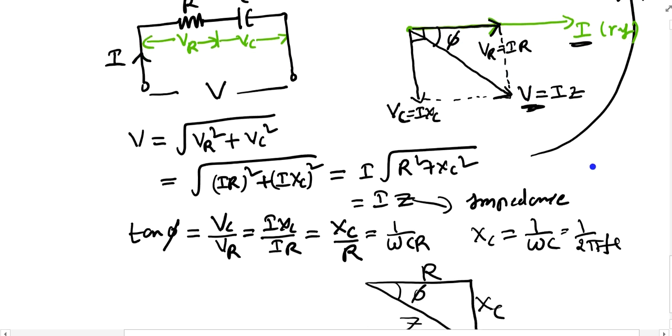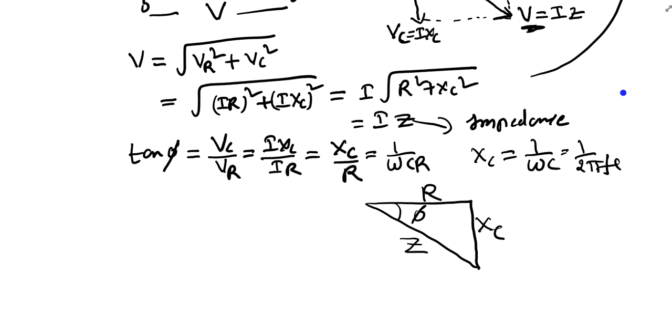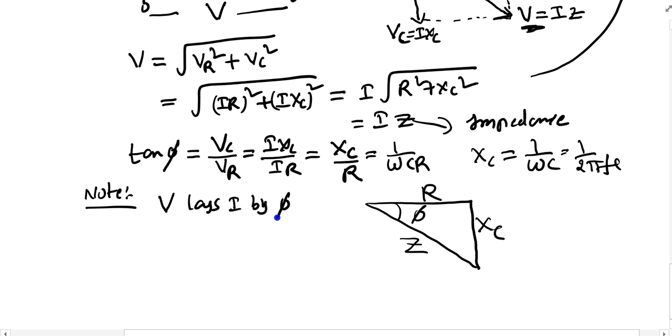So this is the conclusion I am getting from this diagram. So I can observe the point, my supply voltage V lags current by phi angle, otherwise my current leads this supply voltage by phi angle. So this is the observation I made here.